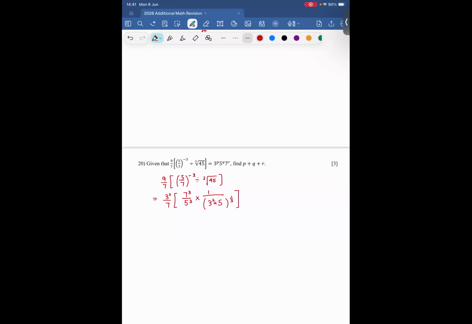That is what you get. After that, what do you do? You distribute your power. So this becomes 3 power 2/3 times 5 power 1/3.